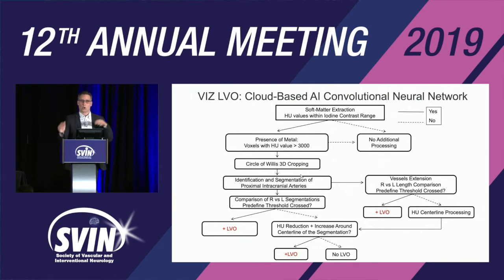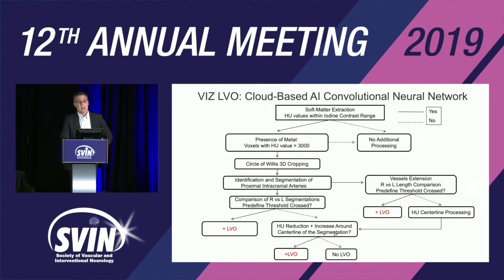Otherwise, the system crops the circle of Willis, processes it in a 3D manner, and then it segments the whole ICA and MCA all the way to the insula to identify occlusions in the ICA, M1 and M2, compares right with left, segments, extends both sides, compares the lengths, and there are, as I said, predefined thresholds that at these points will identify and trigger the notification for LVO.